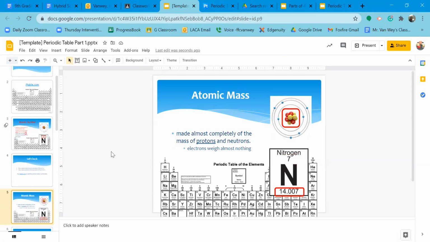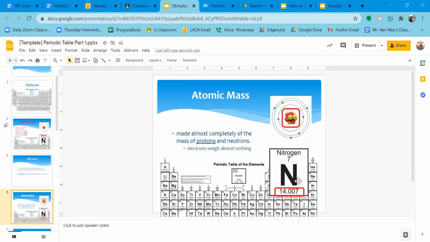But there's something else about an atom, about an element, that we can tell. We can talk about the atomic mass of an element. Okay. Nitrogen has an atomic mass of, well, a little more than 14. Okay. And so there's a way that we get this a little more than 14. Okay.